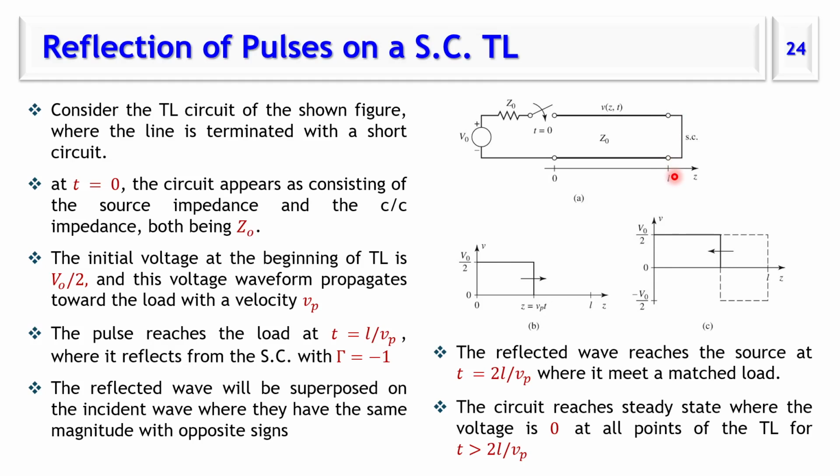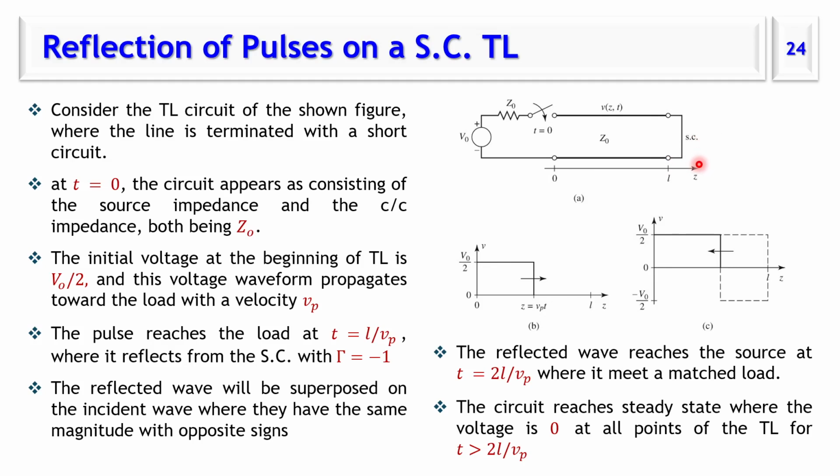At the load, there is a mismatch, so there will be a reflected wave. The short circuit is 0, so the reflection coefficient is -1. There is a forward propagating signal of V naught over 2, propagating from time equals 0 till the time of L over VB. It reached here.